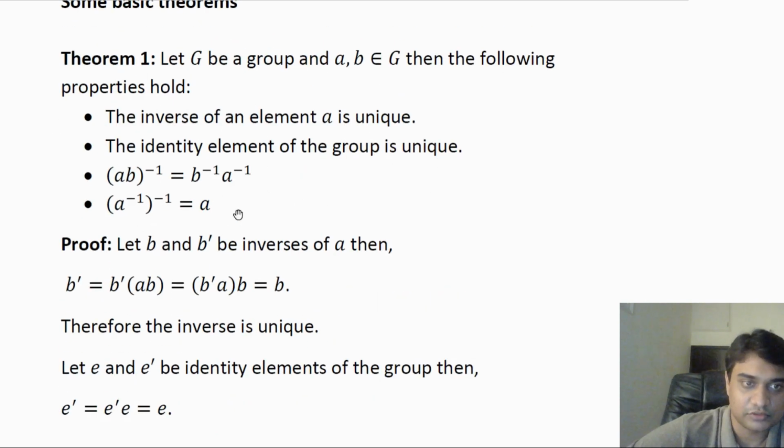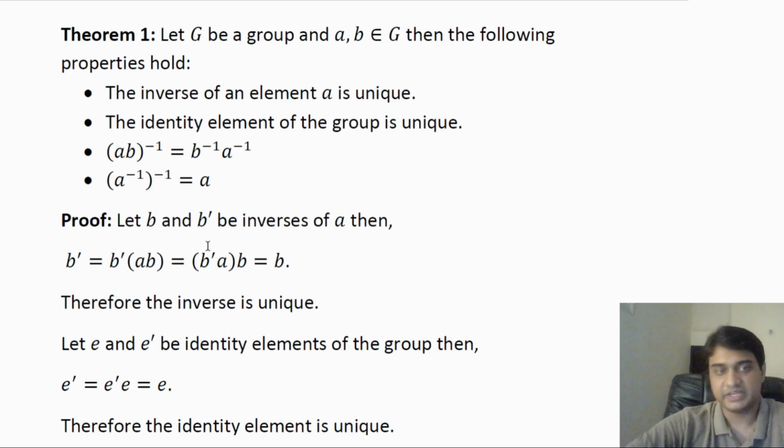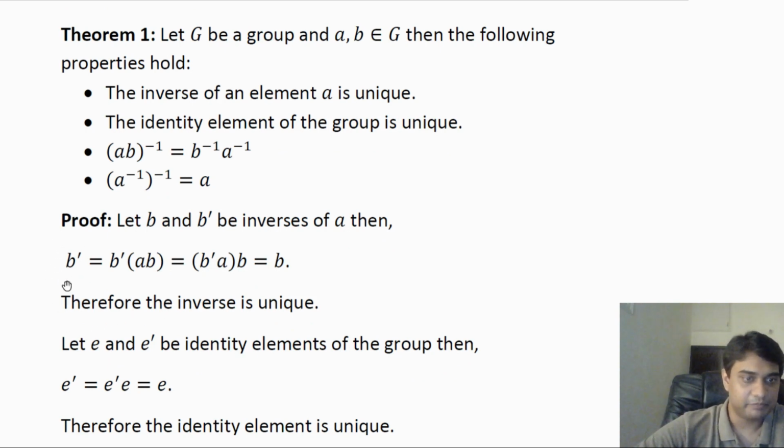First of all, the inverse of an element a is unique. Let b and b prime be inverses of a. Then we can write b prime as b prime times (a times b), because b is an inverse of a, so a times b is the identity, and identity times b prime is b prime.